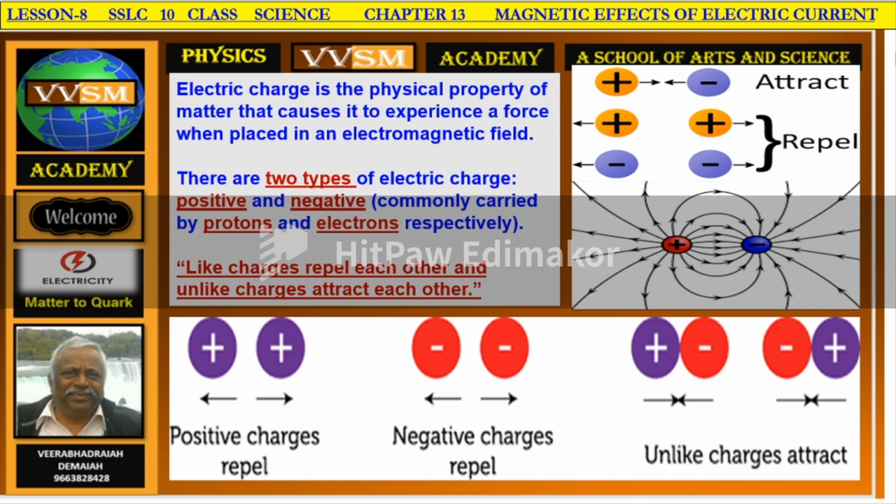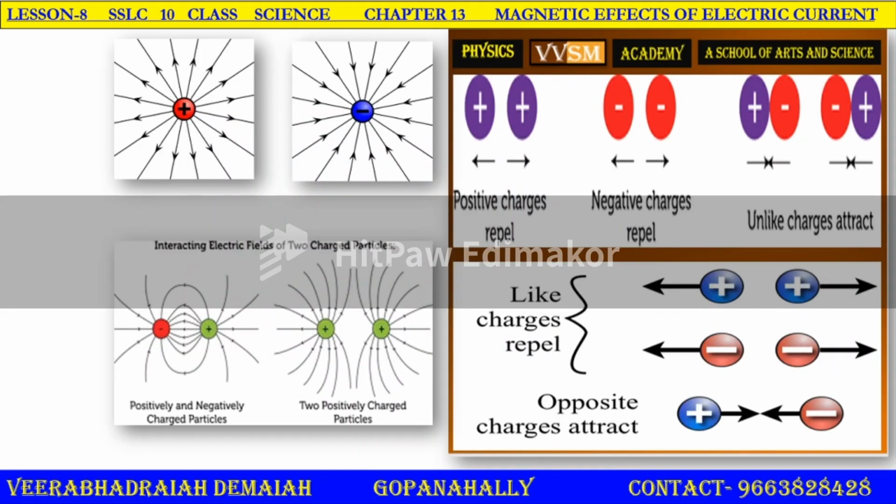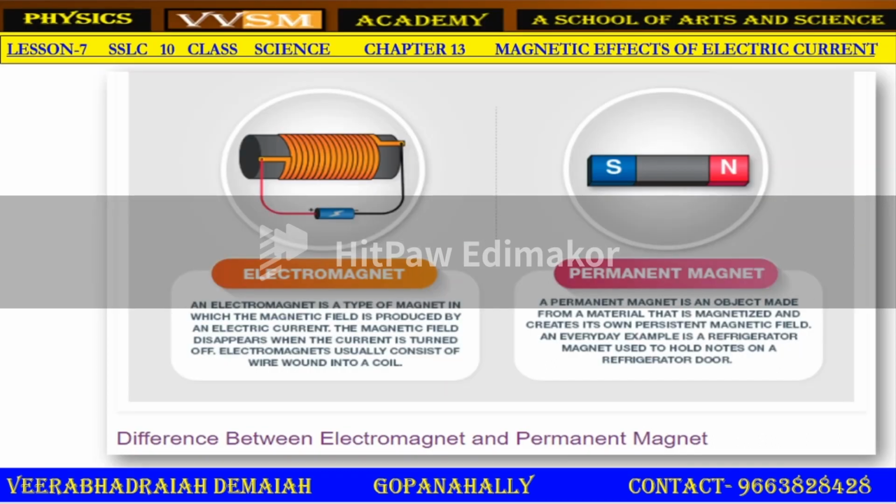Positive charges repel, negative charges also repel, and positive and negative charges attract each other. These diagrams illustrate the electrostatic force of attraction and repulsion, my dear friends.